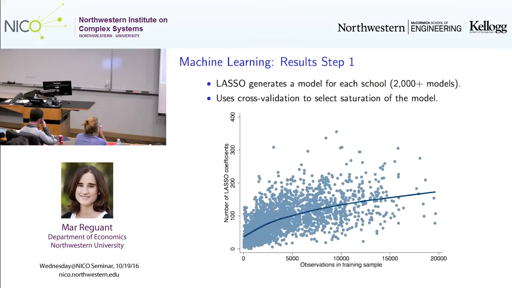Another thing that I want to emphasize is that even though on average we get 50 variables or maybe 100 for some, if you take the set of the variables that they pick across all the schools, they do pick the 3,500 variables. So it's not that they come up with the same variables. It's just that for each of them, you only select 50 or 100.